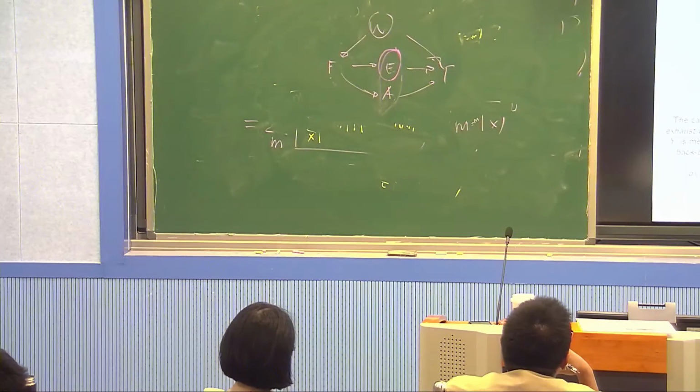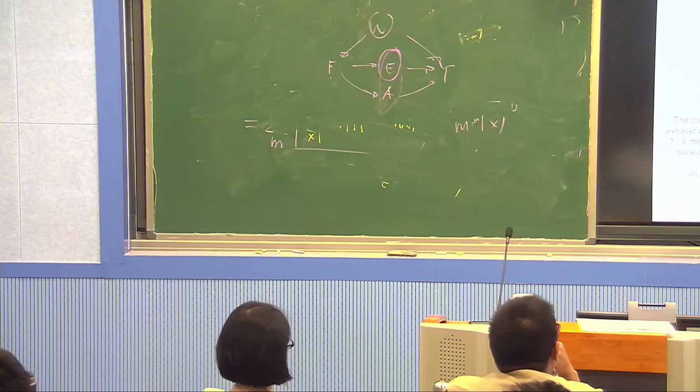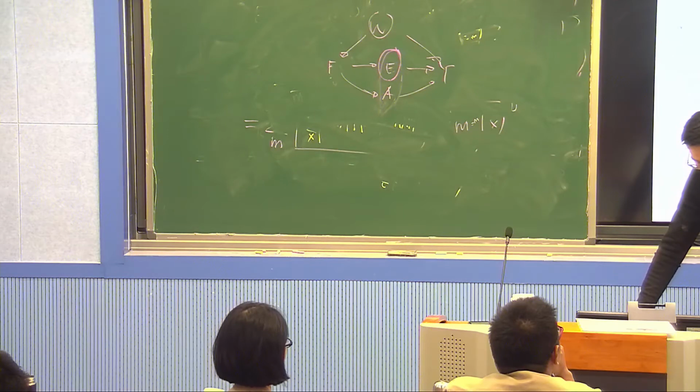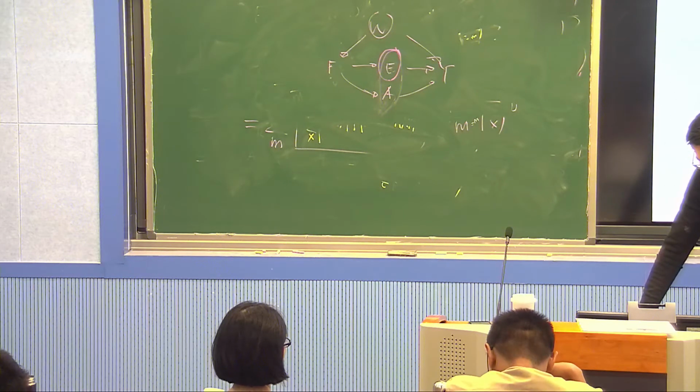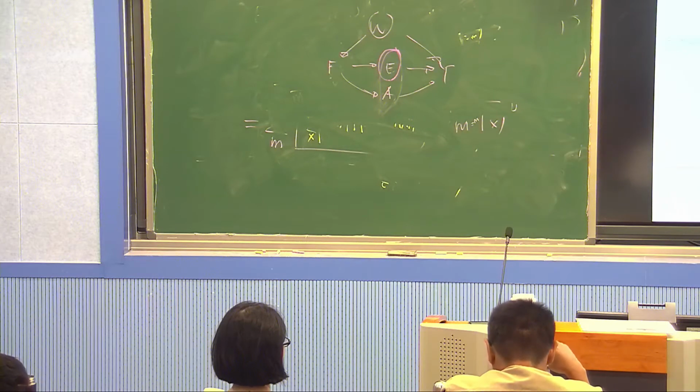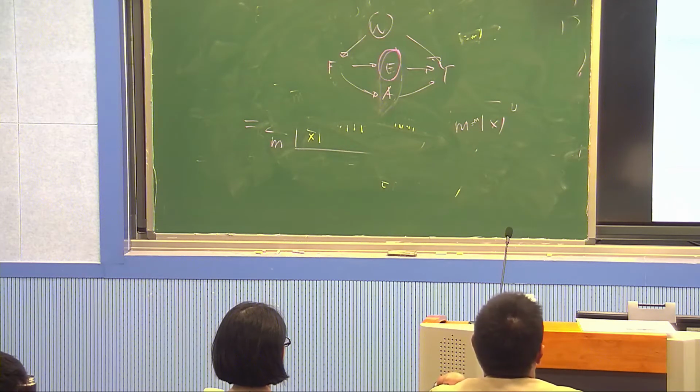The difficulty for causal inference is really that we do not see everything. If we observe all the variables, then there's no difficulty with causal inference.